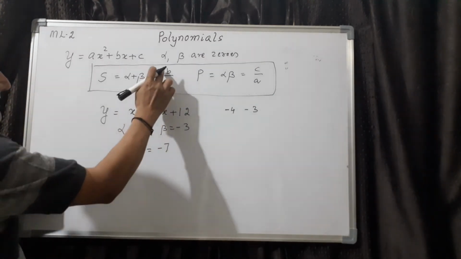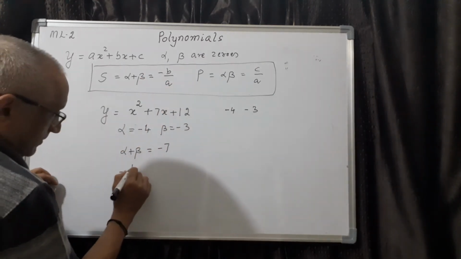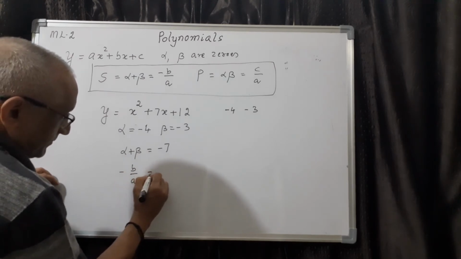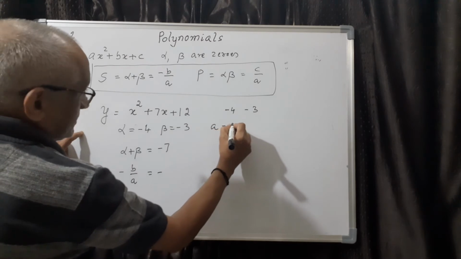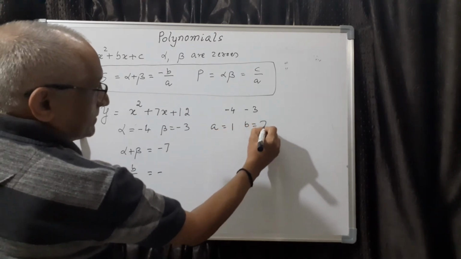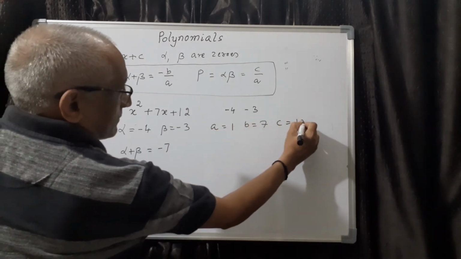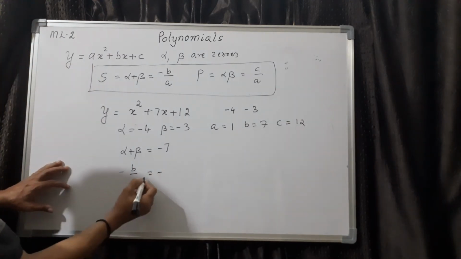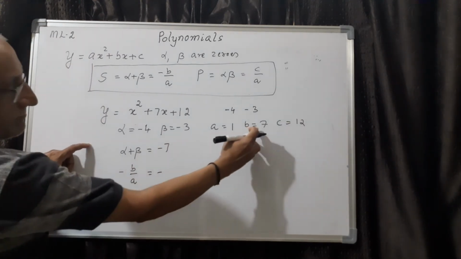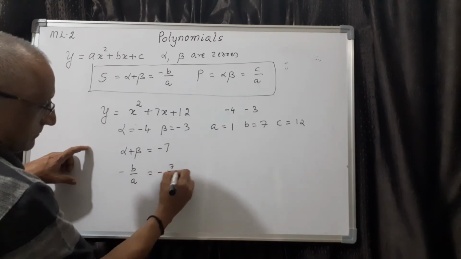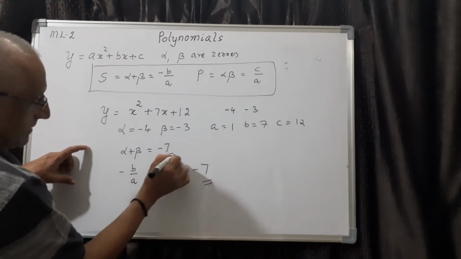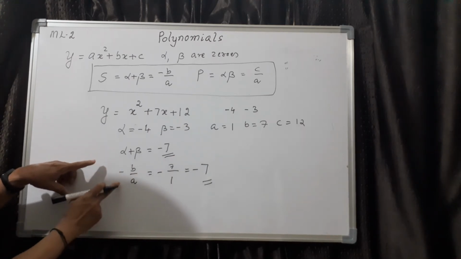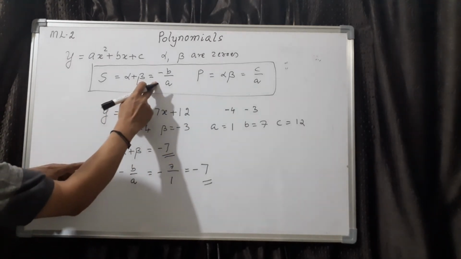Now what is minus b by a? Minus b by a will be equal to minus, what is b here? You can check, a is 1, b is 7, c is 12. Therefore, substituting, b is 7 divided by 1, so minus 7, and here also minus 7. So alpha plus beta equal to minus b by a.